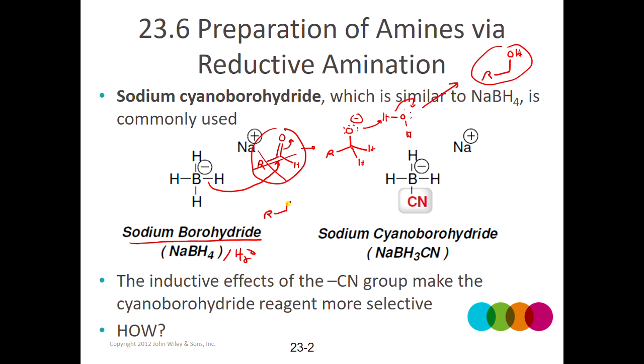We want the carbonyl compound to be converted into an imine, and then we want to reduce the imine to an amine. And that requires a more selective reducing agent, a reagent that won't deliver a hydride to a ketone, but will deliver it to an imine.